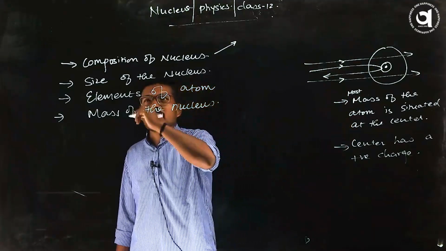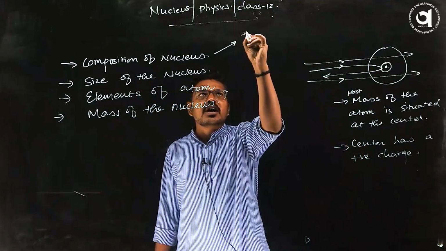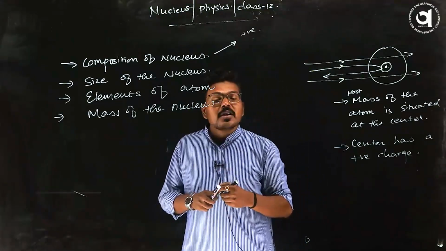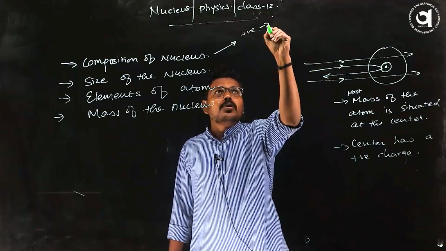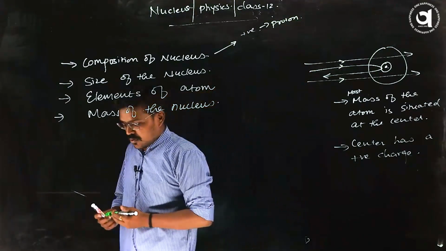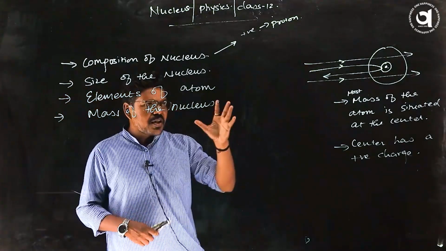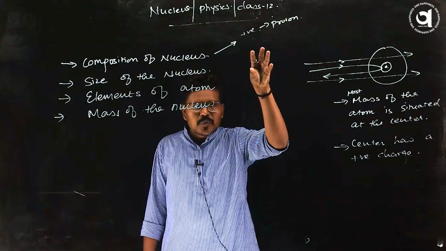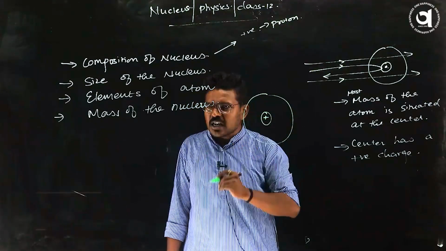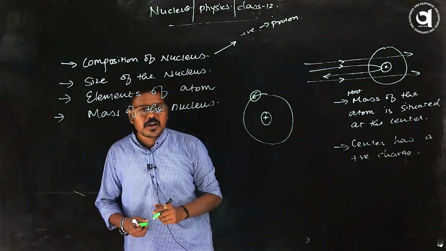So from that we come to know that in the center there is a positive charge present, that we called proton. So scientists thought that at the center of the nucleus a positive charge is there, and electrons are revolving around it.